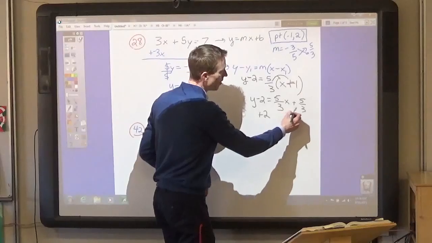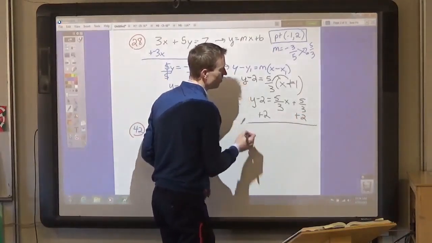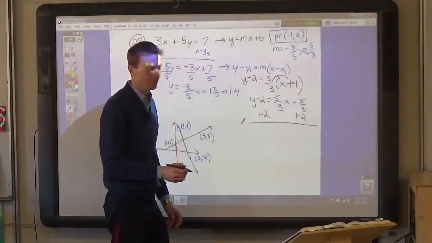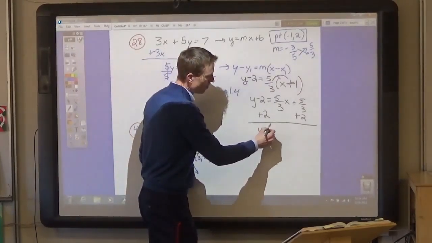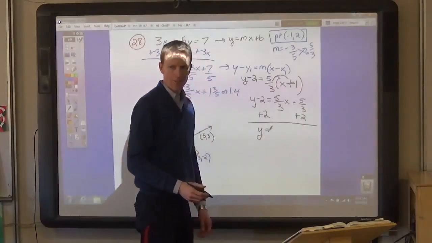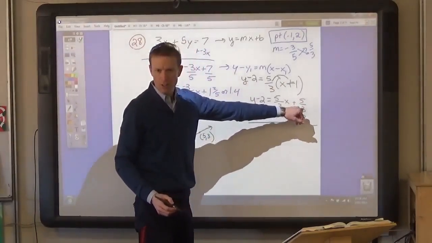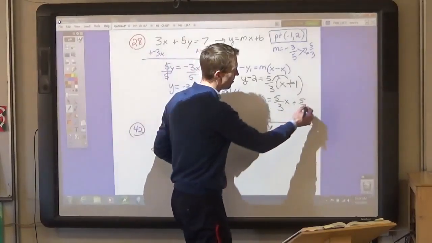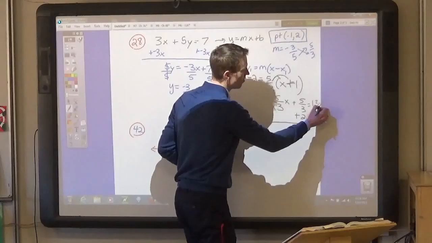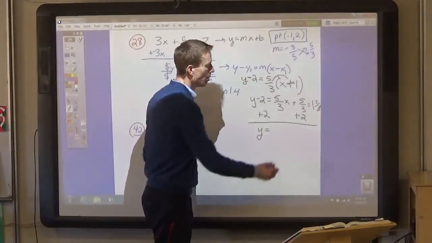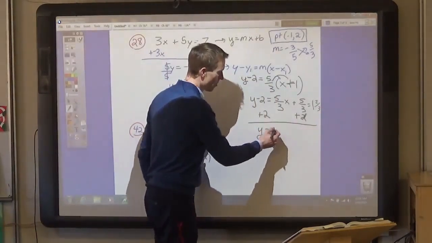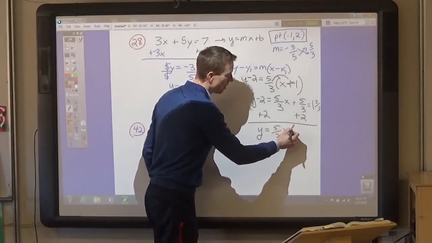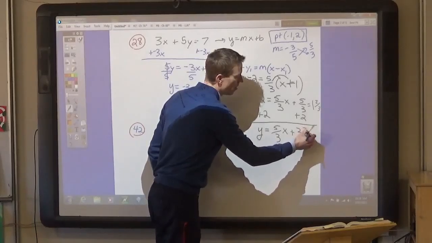But how do we add 5/3 plus 2? We want to change 5/3 to 1 and 2/3, plus 2. So it's 3 and 2/3. So y equals 5/3 x plus 3 and 2/3.